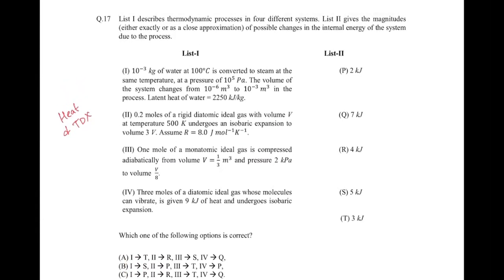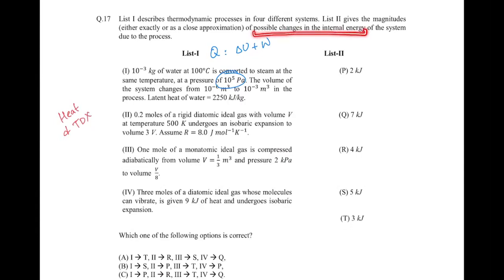So list one says you have 10 power minus 3 kilogram of water at 100 degrees Celsius converted to steam at the same temperature, pressure is 10 power 5 Pascal. So what would be done over here is, from first law, you can say that Q will be equal to delta U plus W. Now, if you are going to make use of first law, see the question involves possible changes in internal energy of the system.